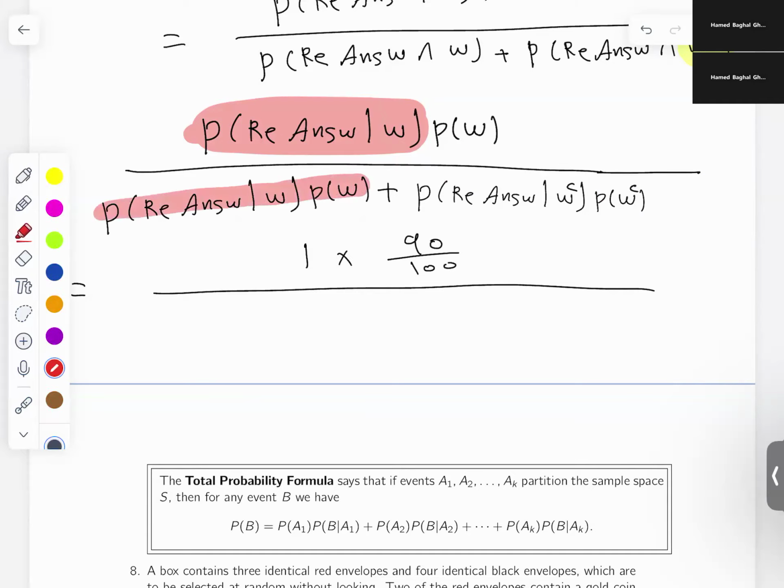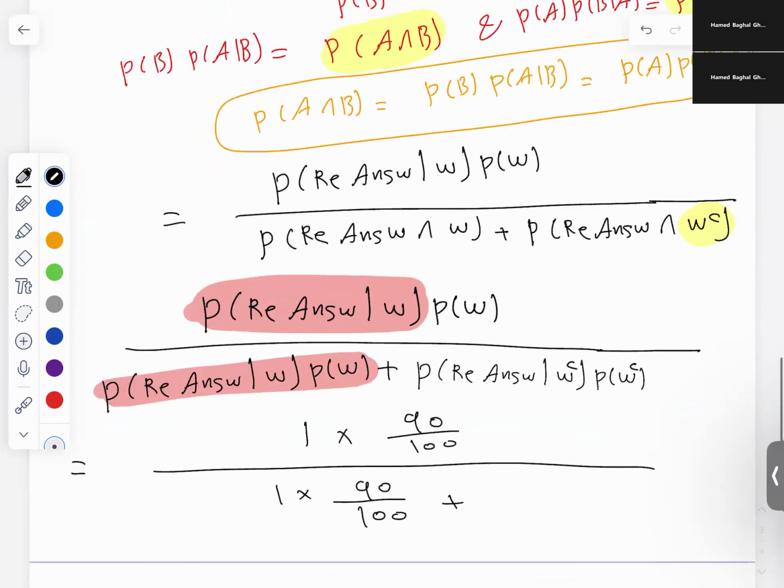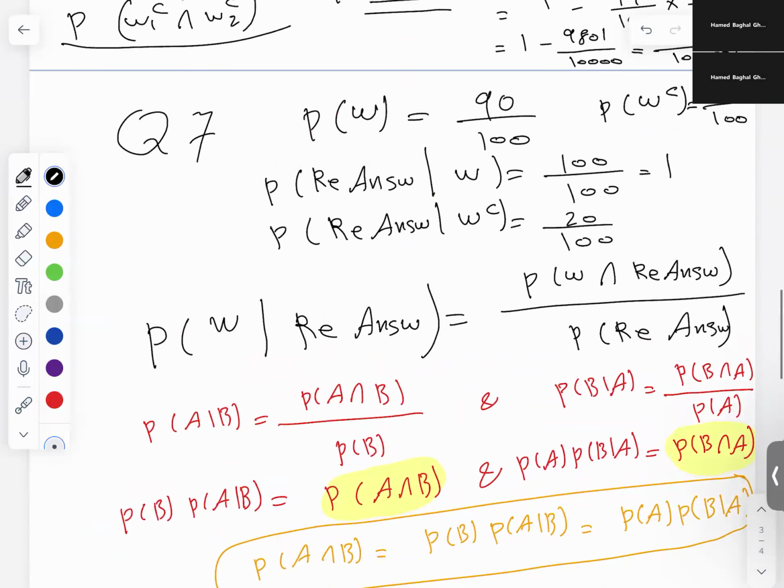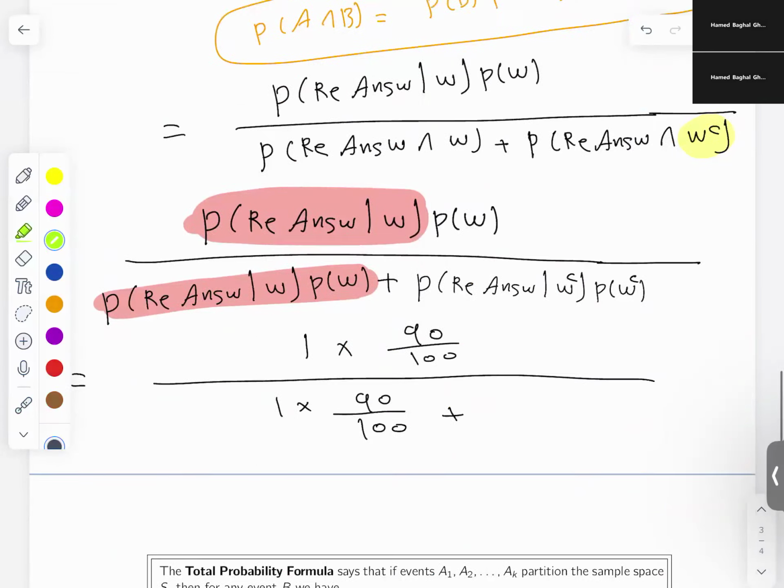Now this part, I'm writing this part is the same as the first one. 1 times 90% plus probability that return the answer but machine is not working. So we can look at here and we see that it's 20%.